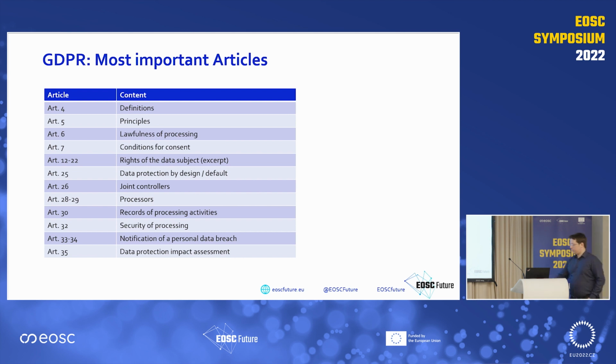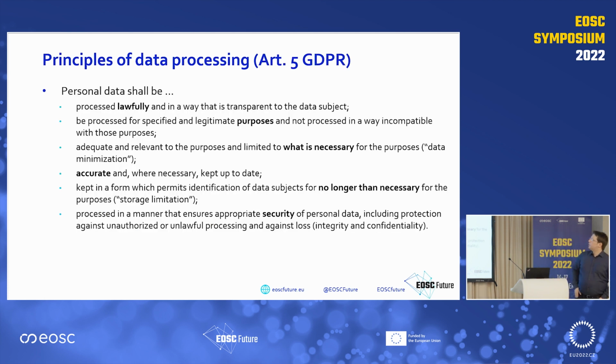So let's just start and have a look at Article 5, the principles of data protection. This slide, I see the slide number is missing, unfortunately. It's slide 9 actually. So this slide is basically a short summary of the text in Article 5.